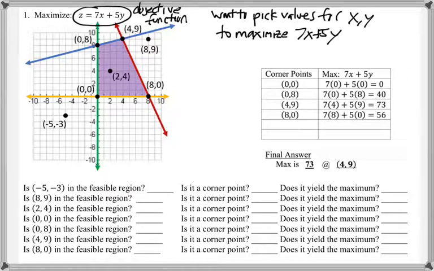However, x and y have to be constrained by the feasible region, meaning they need to be inside of the feasible region.